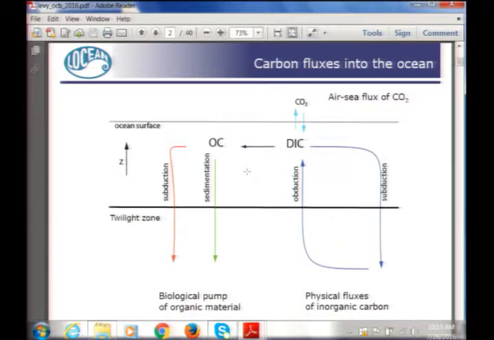There's another part of the physical fluxes which are important, which are the fluxes that drive abduction of DIC to the surface ocean, and some fluxes which drive the subduction of DIC from the surface to the deep ocean. And so today what I'm going to mostly focus on is these physical fluxes of DIC in and out of the surface ocean, and I will also discuss this physical part of the biological pump.